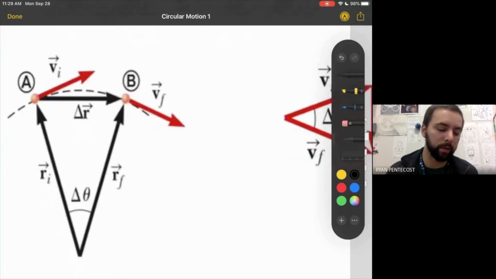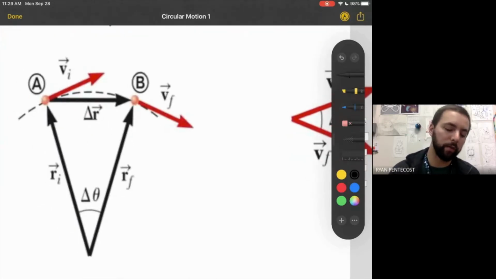Let me explain the image first. We have the position along an arc starting from the origin. Here's your origin. If you look at the point relative to the origin, it has this vector Ri from the origin to this point A on the curve.